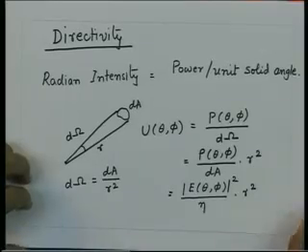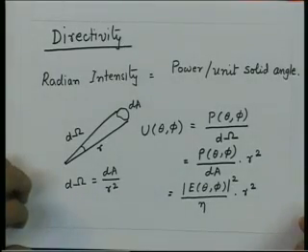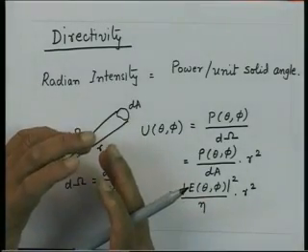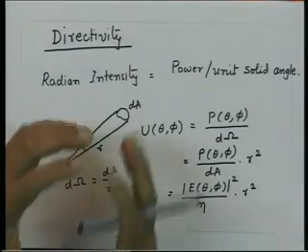Now once we define the radiation intensity, we can ask, if the antenna was directional, how much radiation intensity it would produce in the direction of maximum radiation compared to if the radiation was uniformly distributed in all directions. If I take a certain amount of power and give it to an antenna which is very directional, it will produce a certain radiation intensity in the direction of maximum radiation.